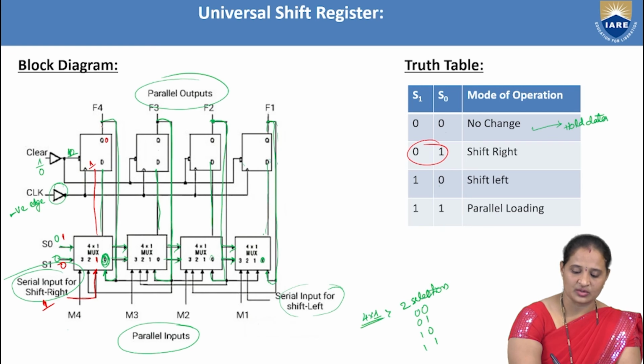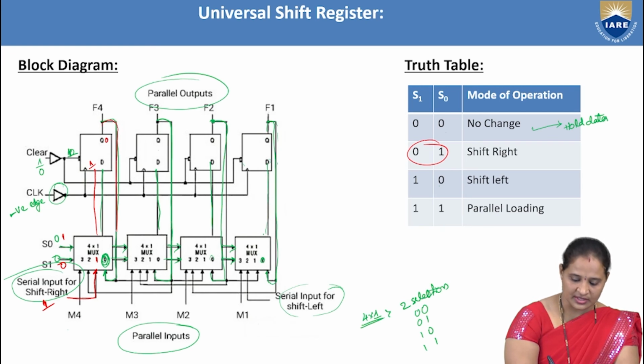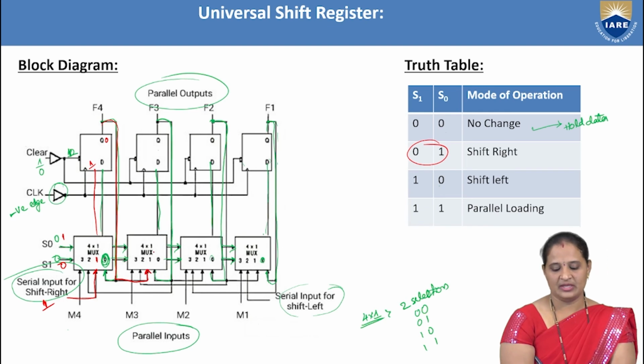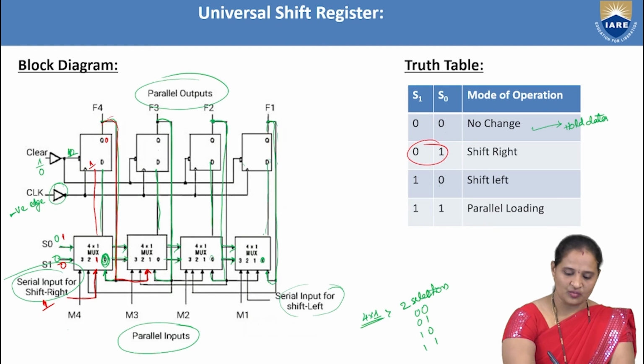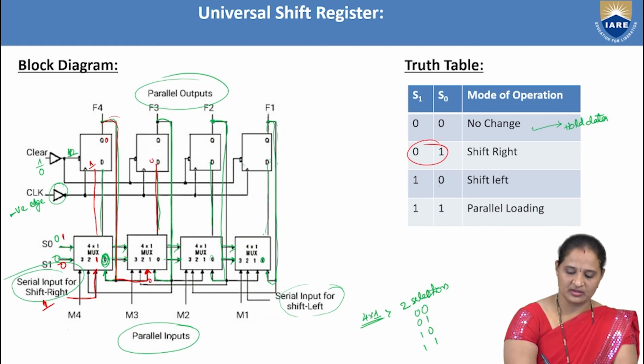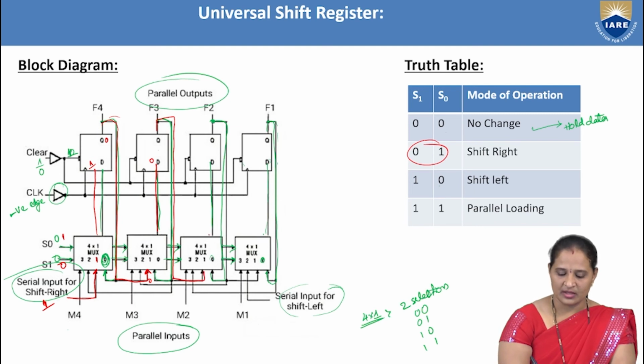Already the output was 0. Now it was given as input to the first input of the second mux. As this line is selected, the data we have got here is 0. Now this will be pushed here, 0, and this is connected back to the first input.